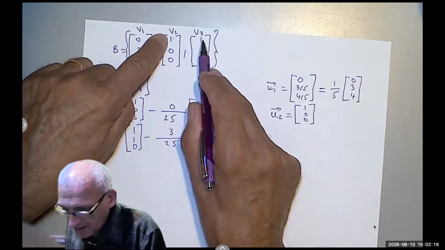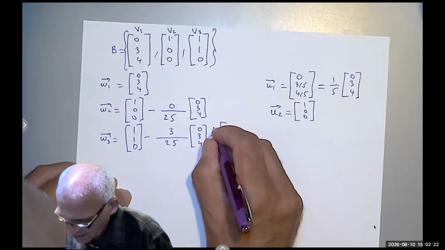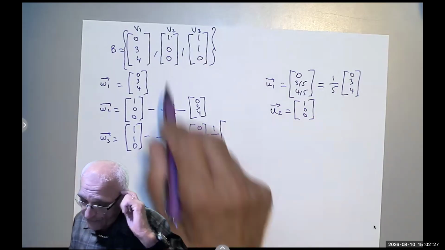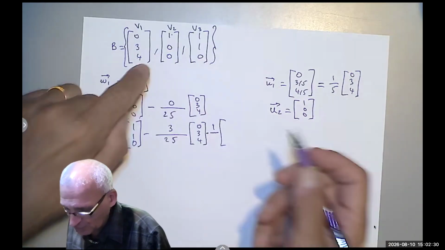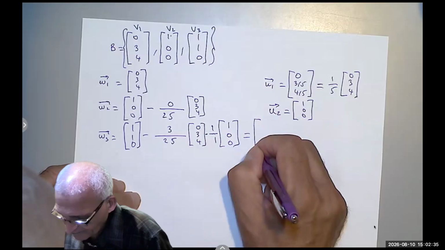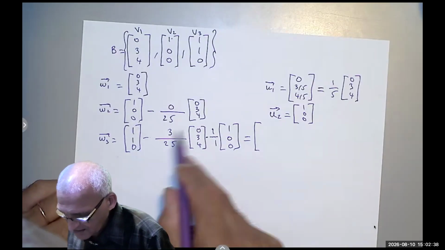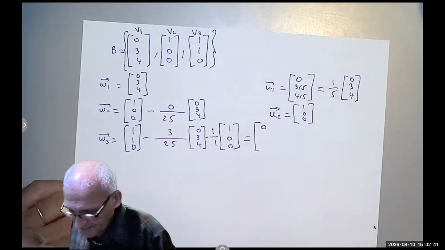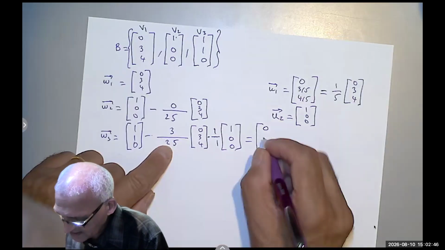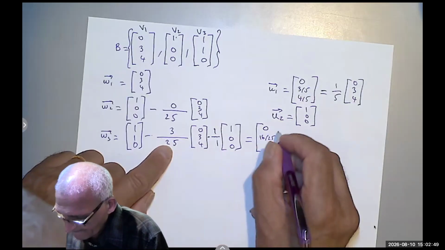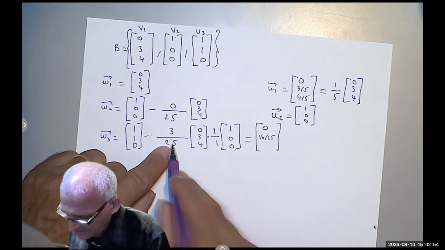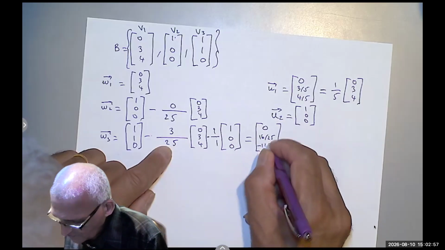Oh, I'm sorry, 1 plus 0 plus 0 is 1. Over the magnitude of that, which is also 1, times 1, 0, 0. So that's an easy one. Let's work it out. 1 minus 0 minus 1 is 0. 1 minus 9 over 25 is 16 over 25. And 0 minus 12 over 25 is negative 12 over 25.